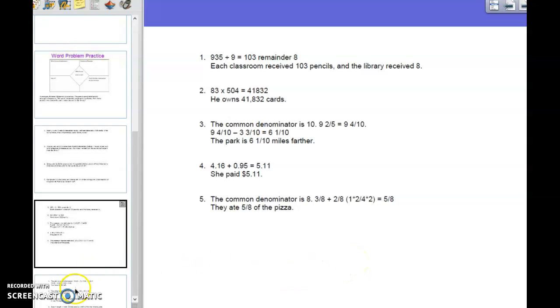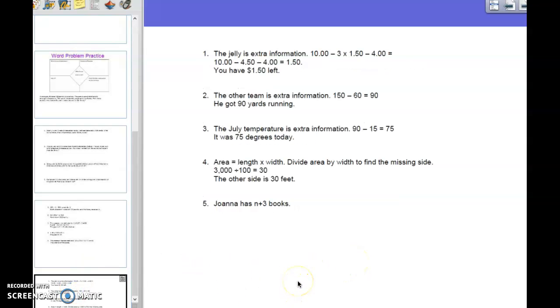And the answers for the second. Now, some of you got a little confused with number 5. Number 5 was just asking for an equation, so you did have to use that variable when you wrote it. I did notice it looks like some of you got that one correct. Again, you can pause if you need to.